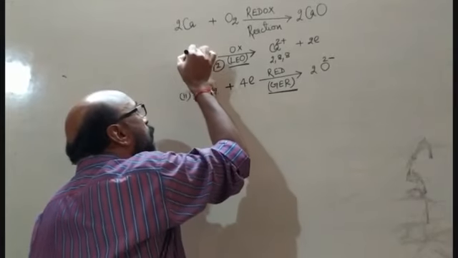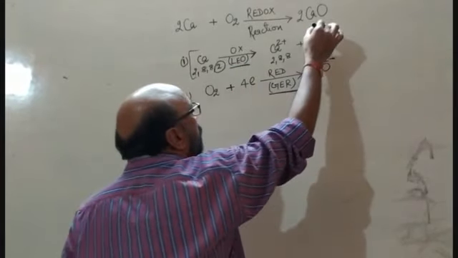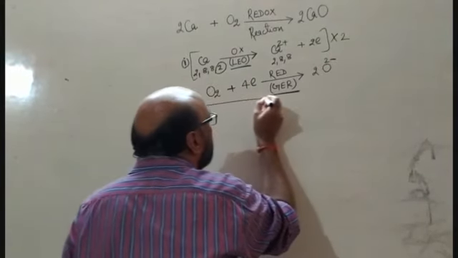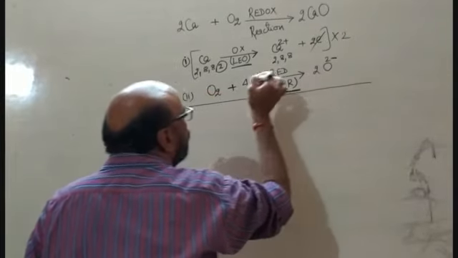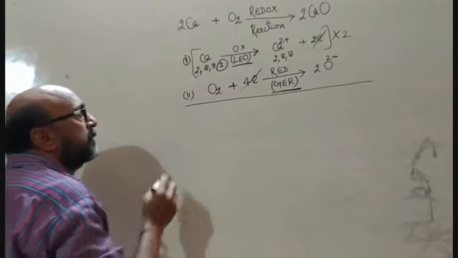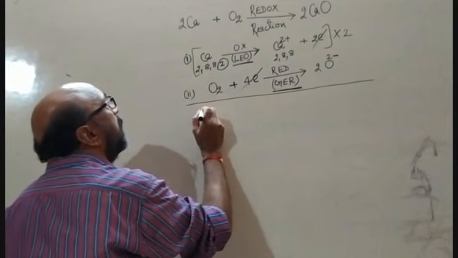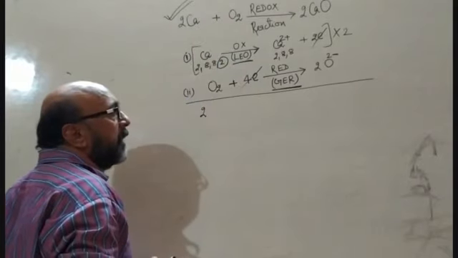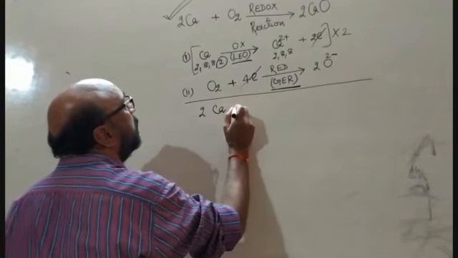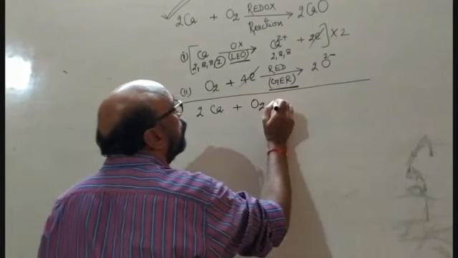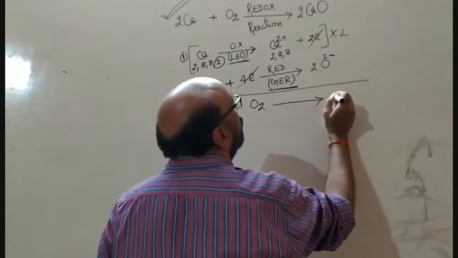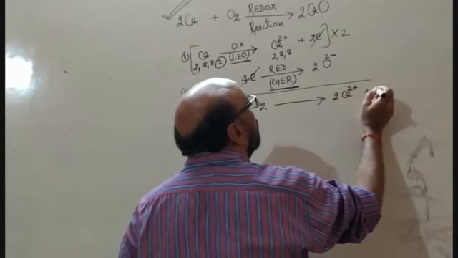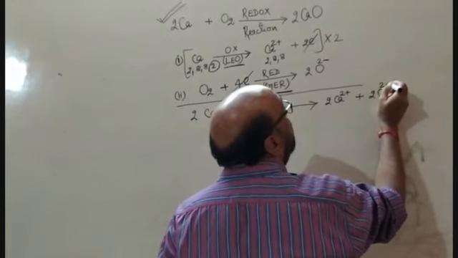And to make the electrons equal, we need to multiply the first part of the reaction by 2, and then we add these two half reactions, and we shall have the reaction as we have written above. 2Ca plus O2 gives 2Ca2+ plus 2O2- ions.